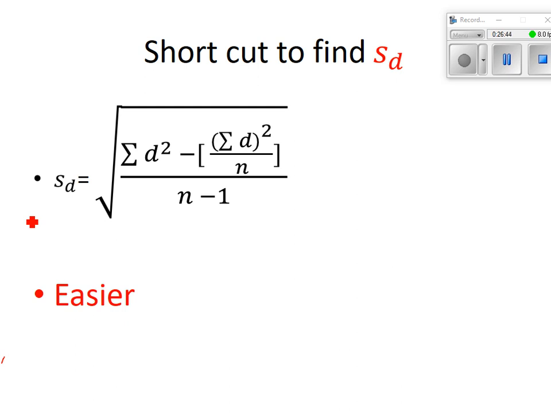What's this crazy looking sigma mean again? So that means you add up all the D squareds, you square each difference, you add them all up here, you add up all the D's, then you square that answer. Not a real hard formula. Once we make the chart, it's pretty easy to plug into it.